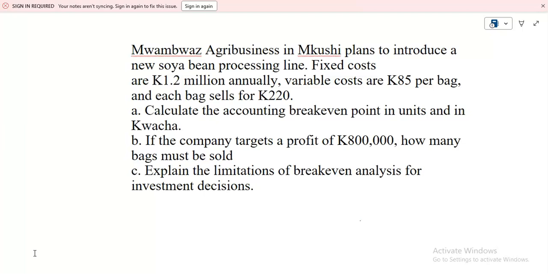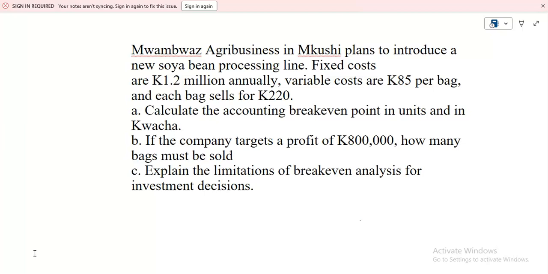So we have Mwambwaz Agribusiness in Mkushi planning to introduce a new soybeans processing line. Fixed costs are 1.2 million annually, variable costs are 85 per bag, and each bag sells for 220. Calculate the accounting break-even point in units and in Kwacha.